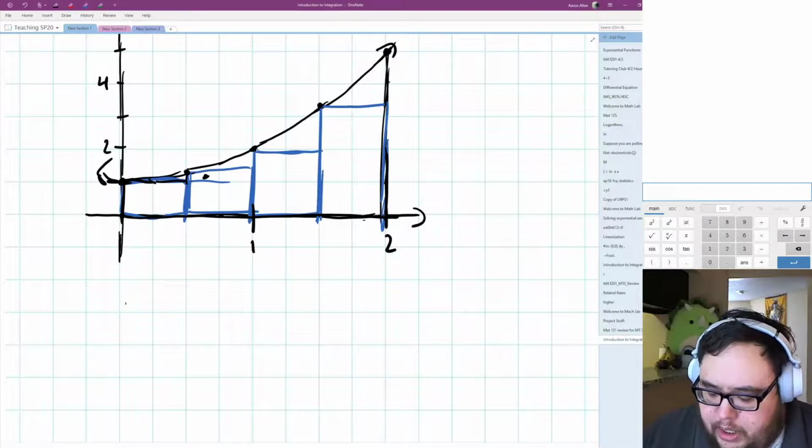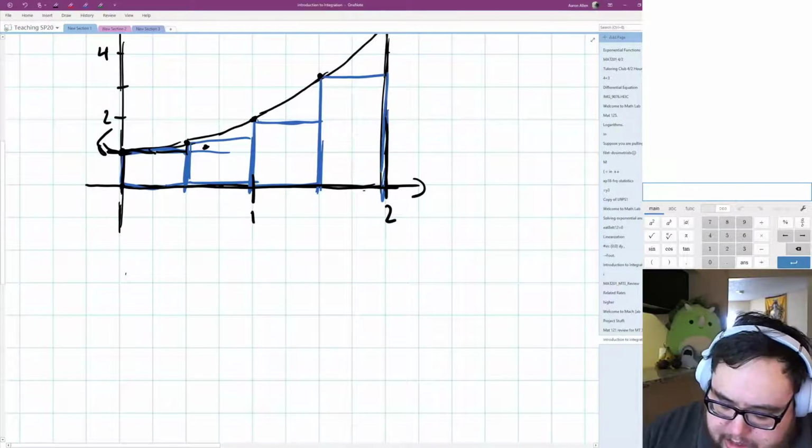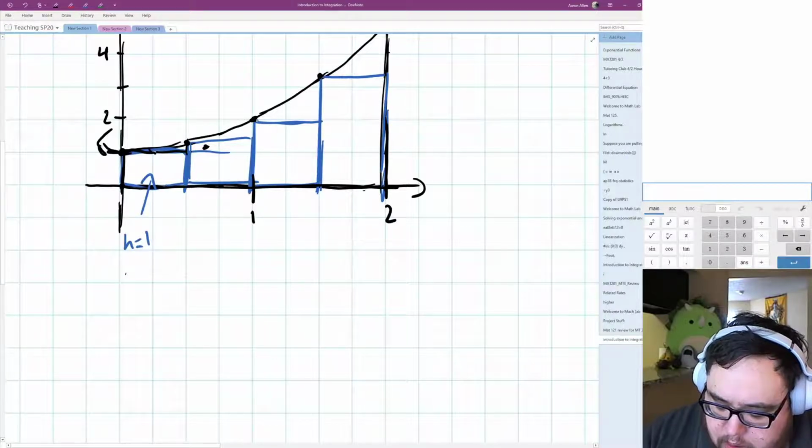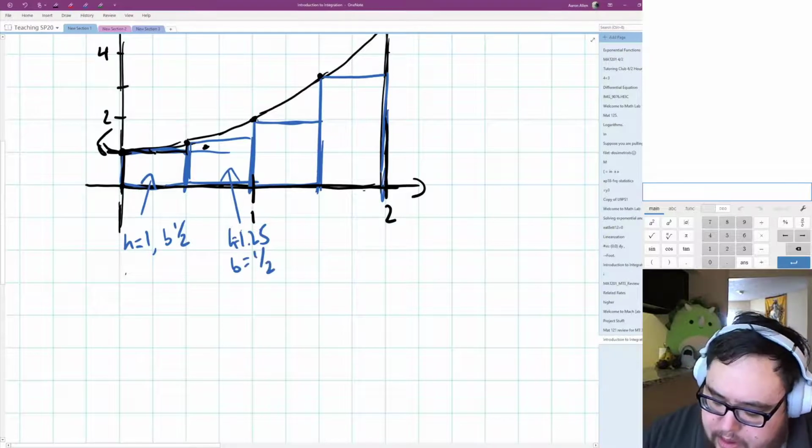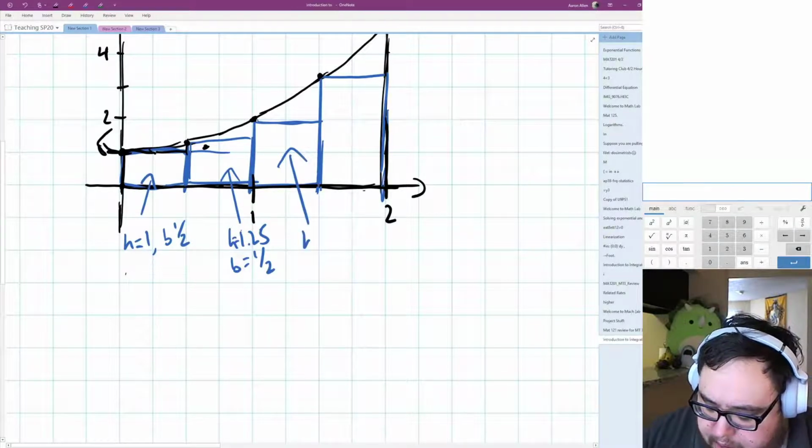area of, right? So this first rectangle here has a height of 1 and a base of 1/2. The second rectangle here has a height of 1.25 and a base of 1/2. This third rectangle here has a height of 2 and a base of 1/2.